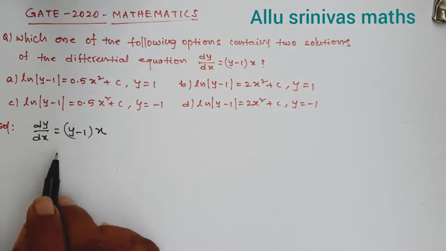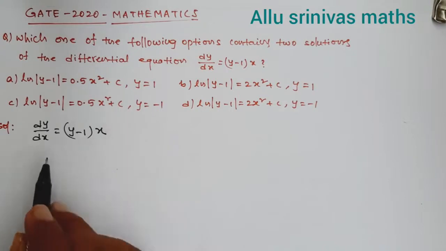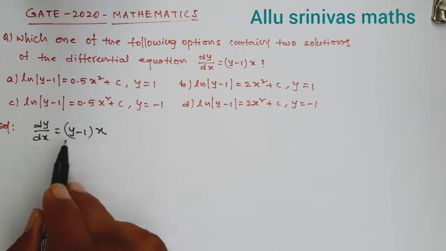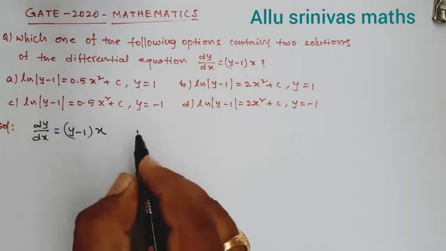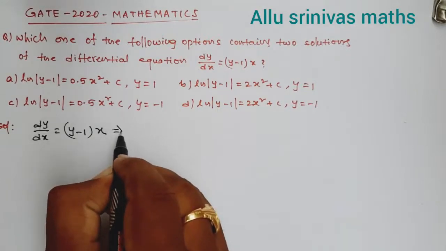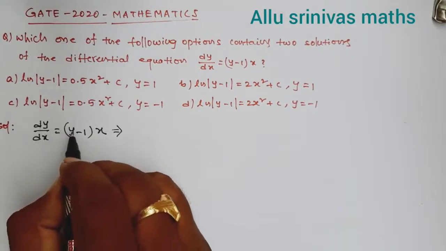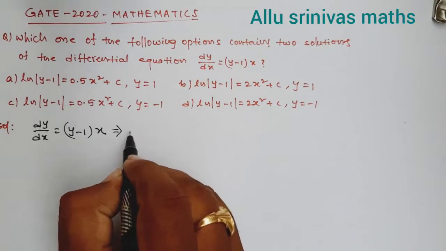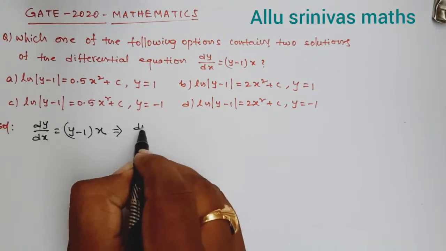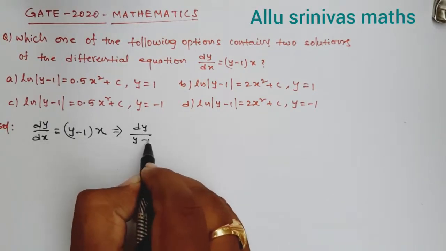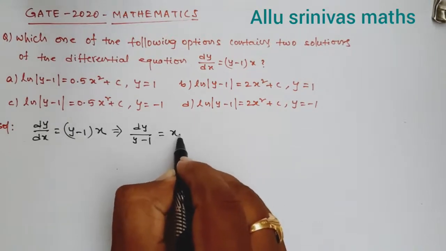This is the very easiest method. Let us start separating the variables: variable x and dx on one side, and variable y and dy on the other side. This can be written as dy/(y - 1) = x dx.